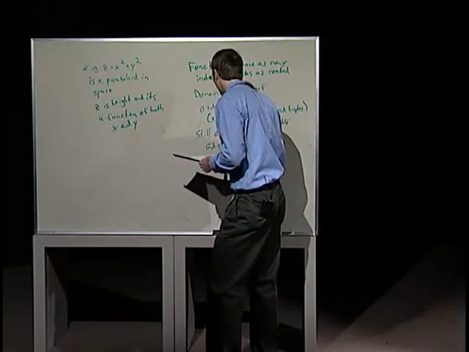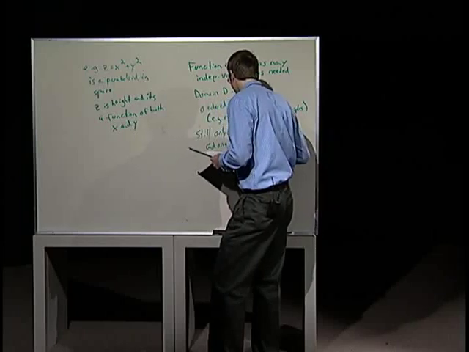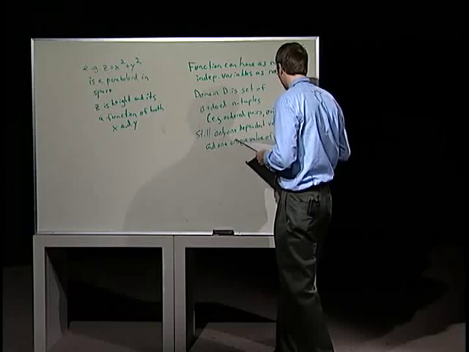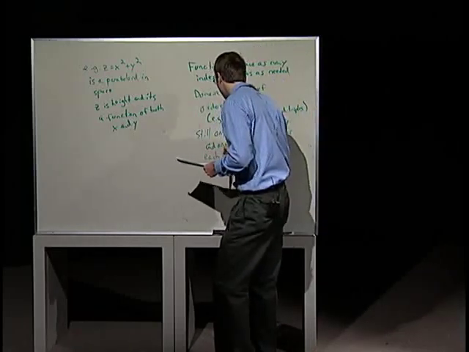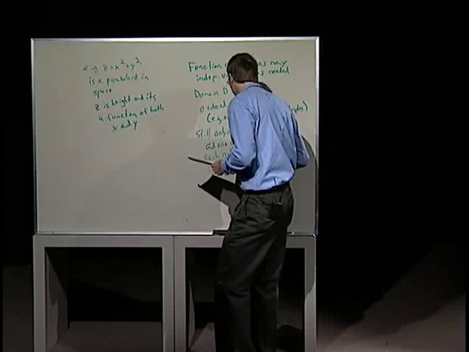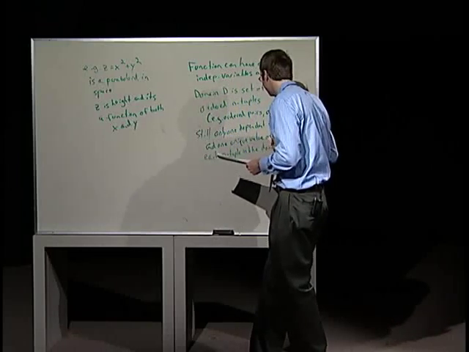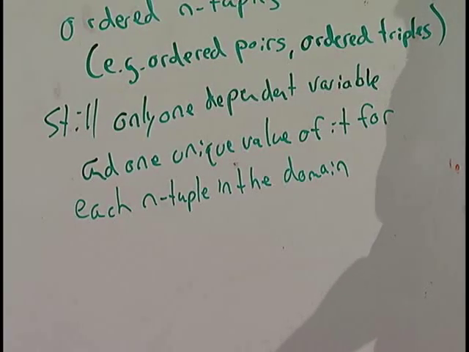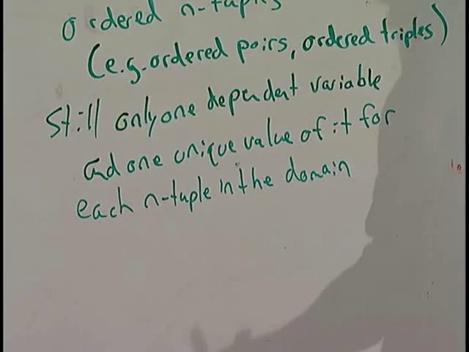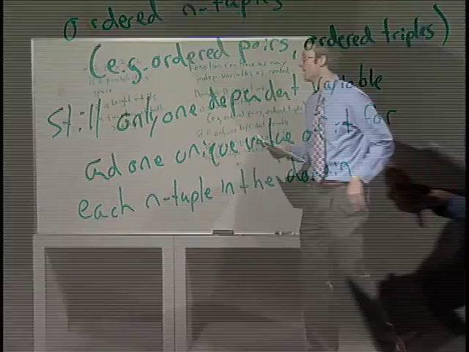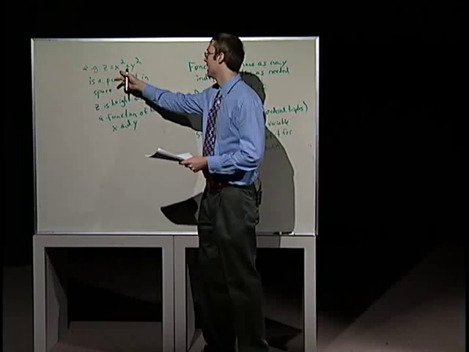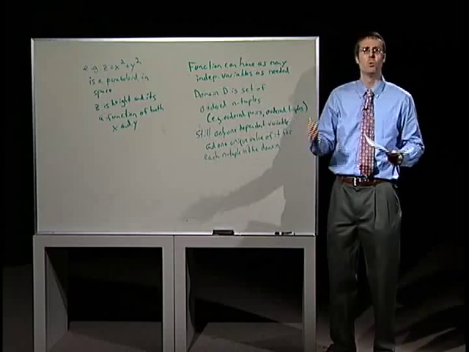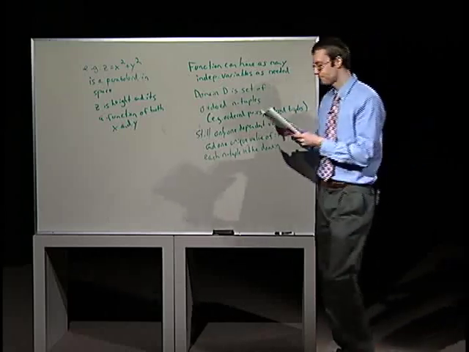And there is one unique value of it for each n-tuple in the domain, right? So it's very possible that the ordered pair 2, 1 would give you a different output value than the ordered pair 2, 2. And over here, 2, 1 gives you a z value of 5, 2, 2 gives you a z value of 8, but each ordered pair produces exactly one value of z, okay?